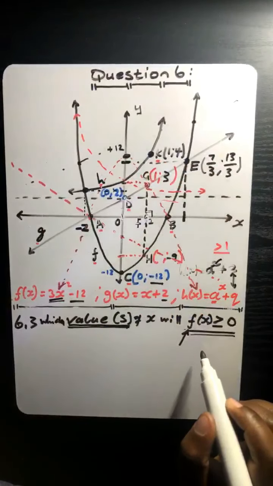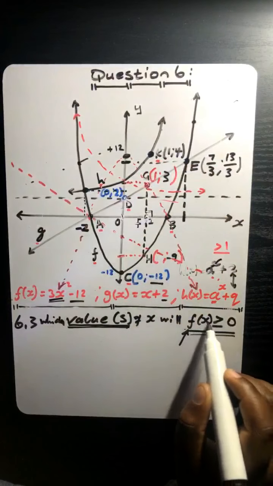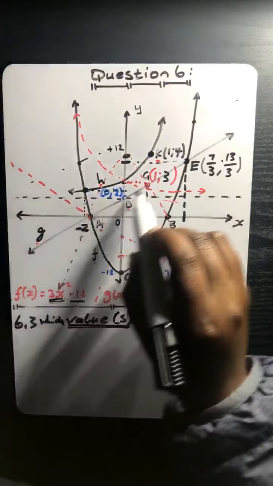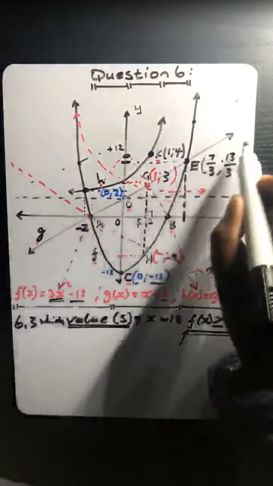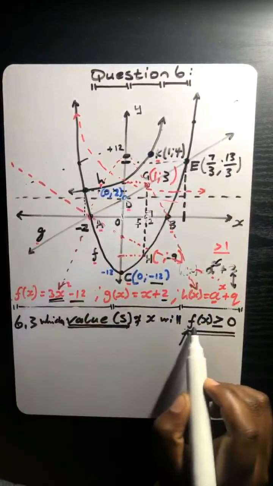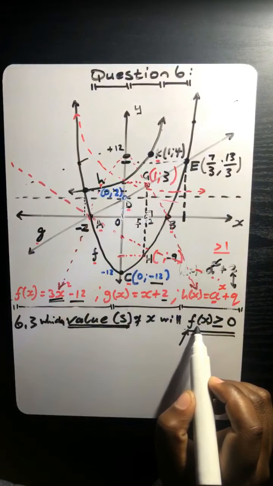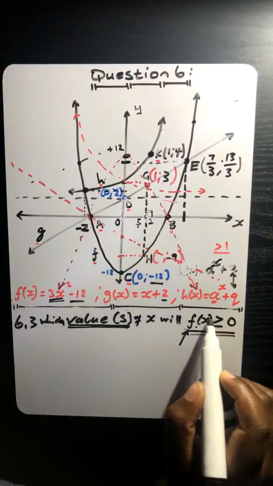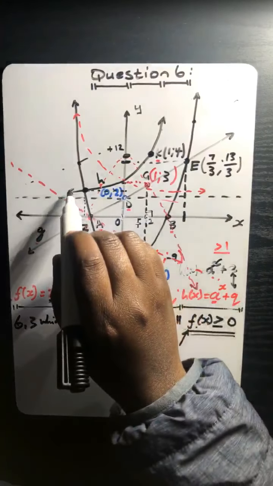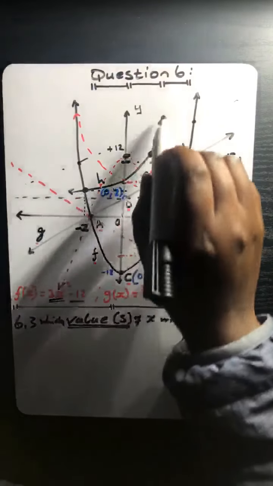Lerato, if they were saying for which value or values of x will g of x be greater than whatever, that means we were actually going to be focusing on that one. Grace, if they were saying for which value or values of x will h of x be whatever, then we were actually going to focus on that one over there.